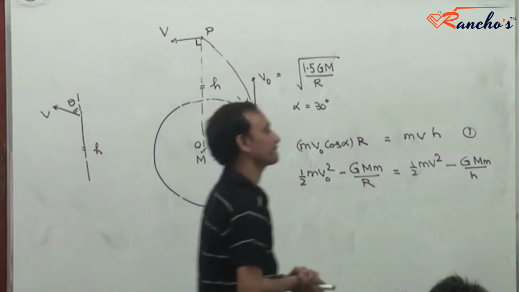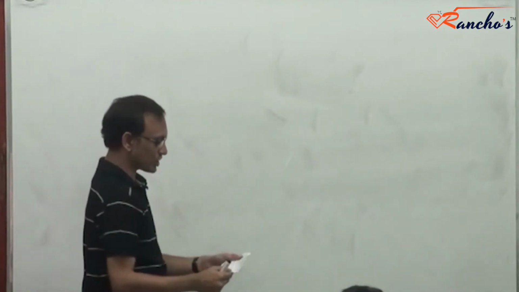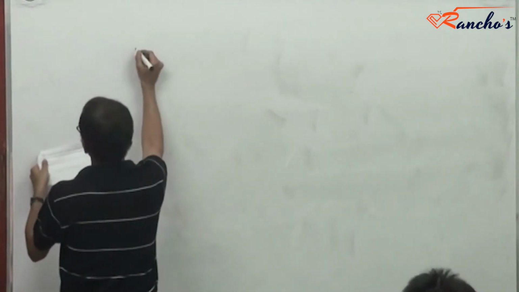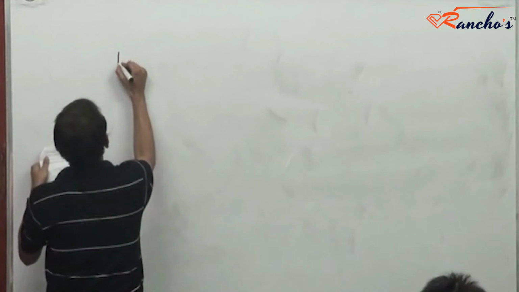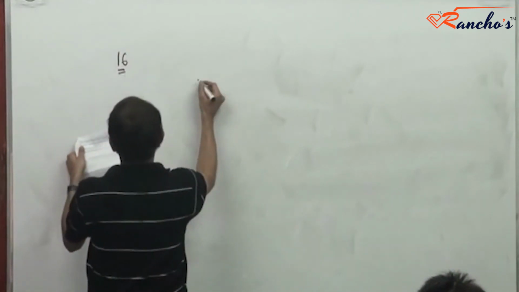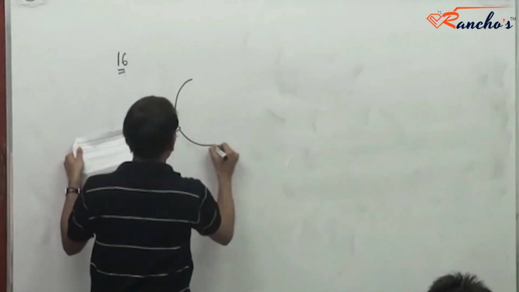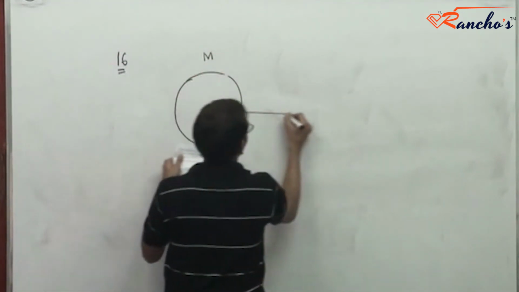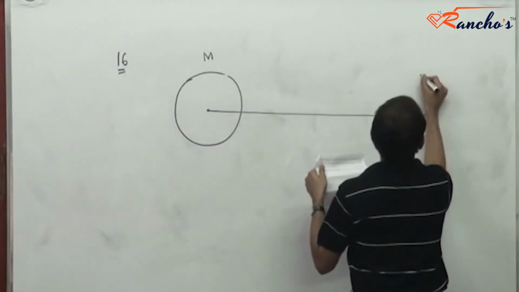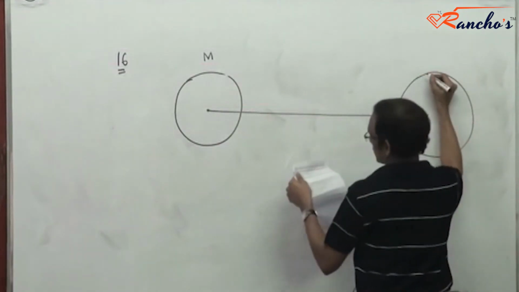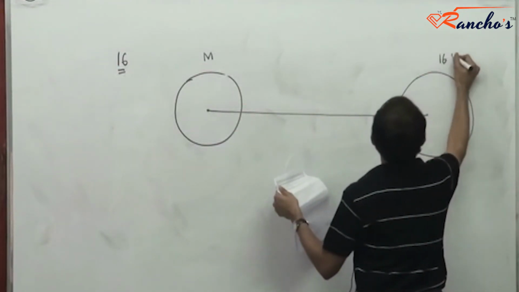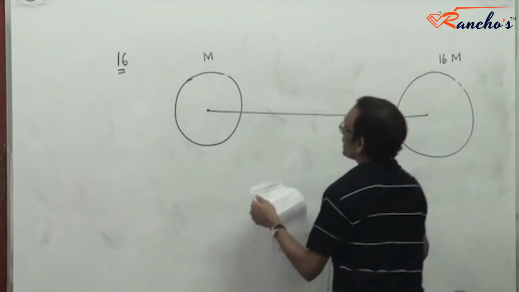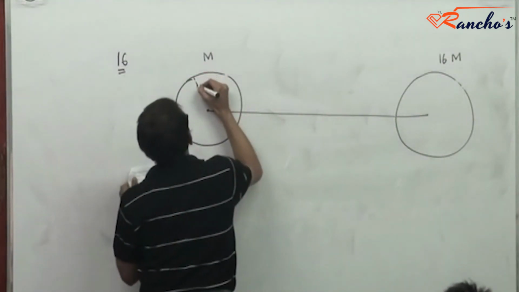Got it? So now we have two stars separated by a distance 10a. Problem 6. There is a star of mass m, and a star of mass 16m, and their radii are a and 2a respectively.